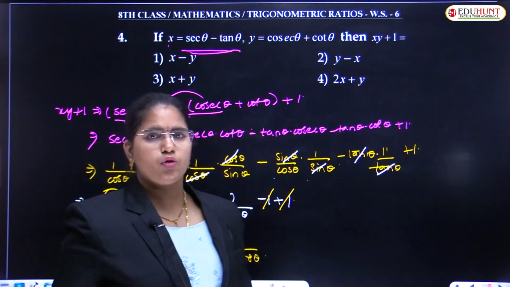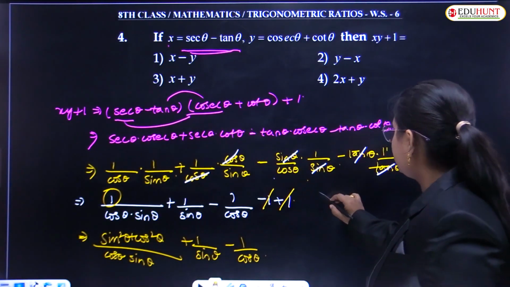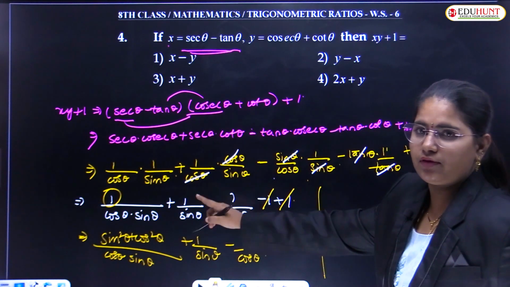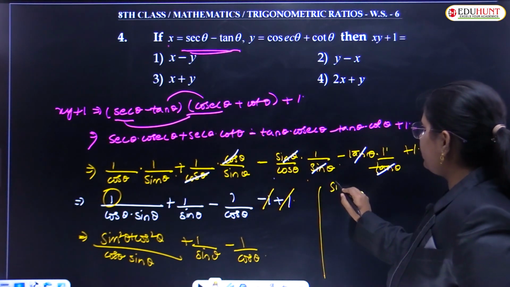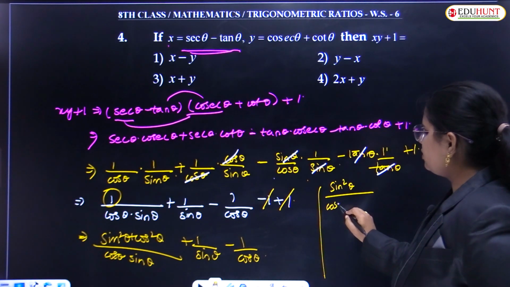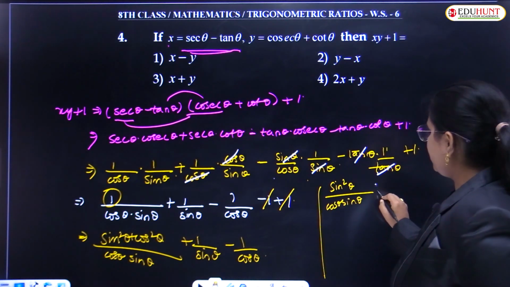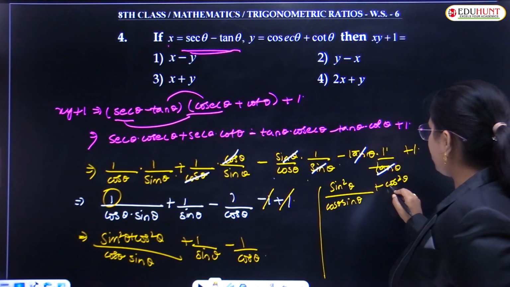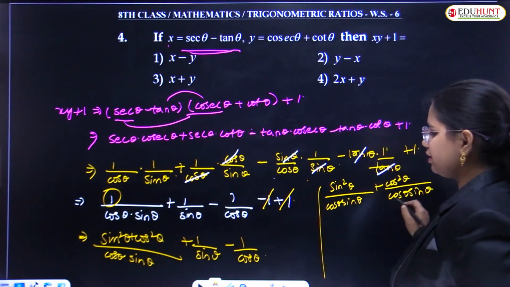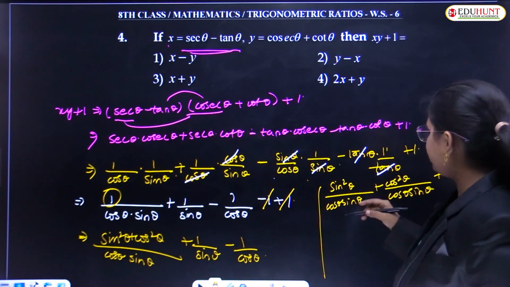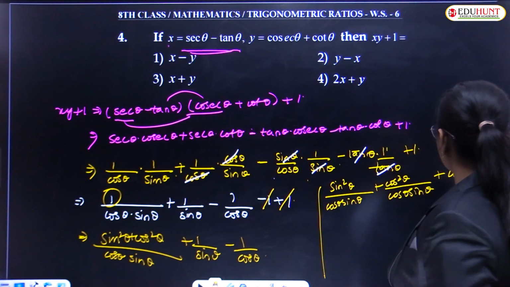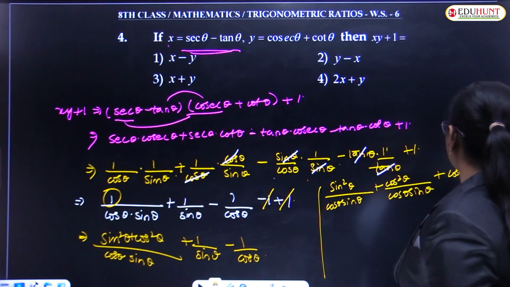So what I am going to do in the next process, just look into it. I will just split the functions: sin square theta divided by cos theta sin theta, plus cos square theta also divided by cos theta sin theta, and reciprocal of sin theta is cosecant theta and reciprocal of cos theta is secant theta.